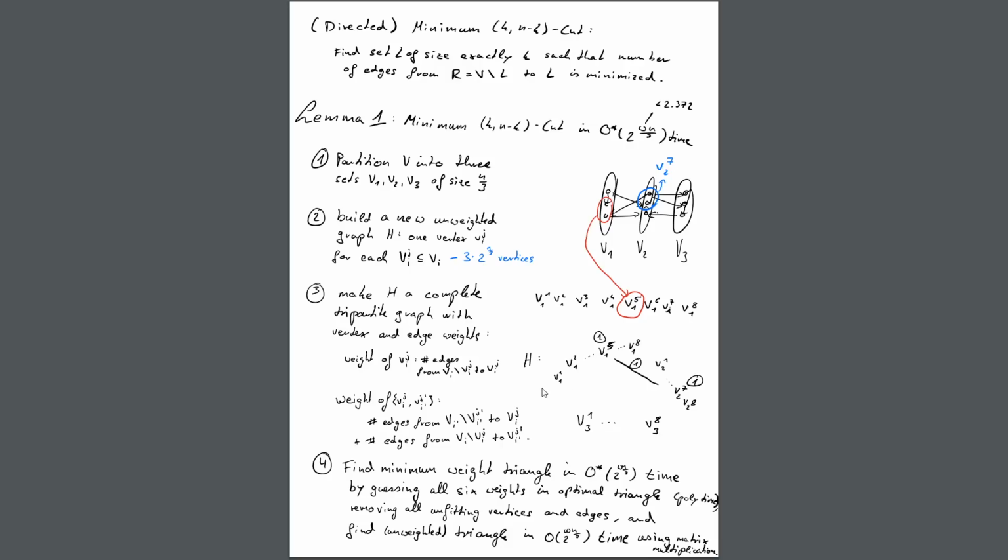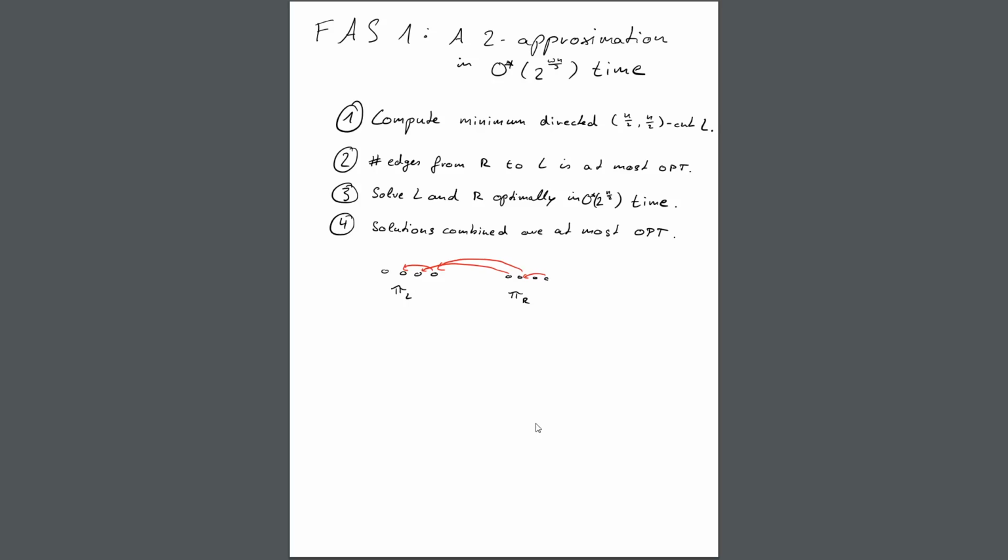And this slightly faster algorithm we will now use in several applications for vertex ordering problems. And I just want to show 2 examples in this talk. In the first one, we consider the feedback arc set problem, and just as a very quick and easy introductory example, we're going to compute a 2 approximation in the same running time as the minimum k cut.